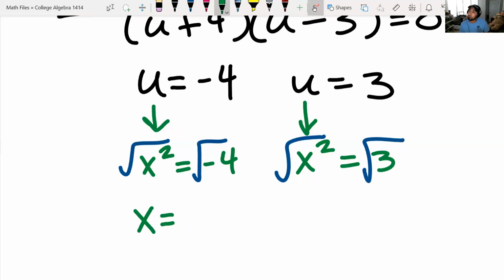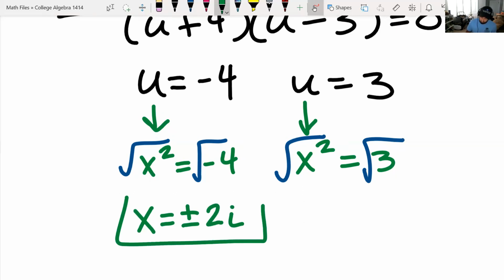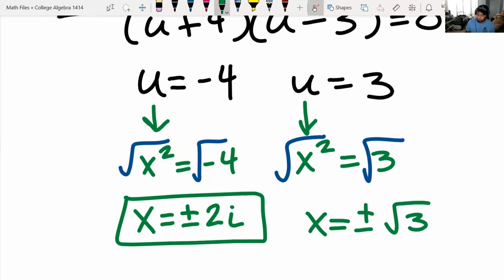We'll get a domain error, but other than that, we have learned that we will get imaginary values. And then another fact from when you square root on an equation, on a quadratic, you should have two values. So we should get plus or minus 2i for the first one. And then for the second one, the square root of 3 is the square root of 3. So we're going to get x equals plus or minus the square root of 3.